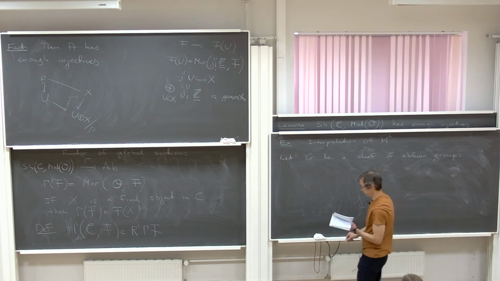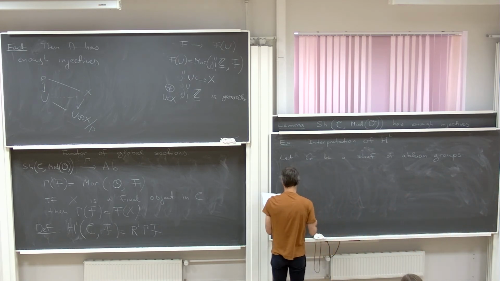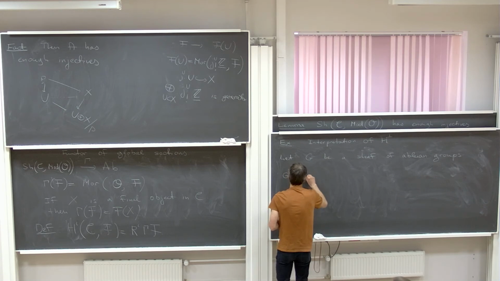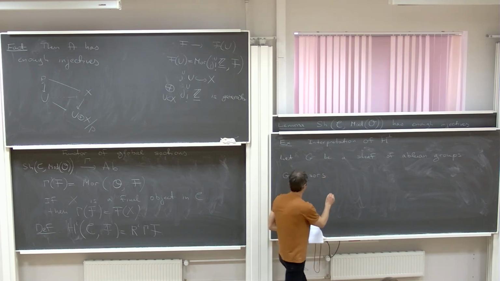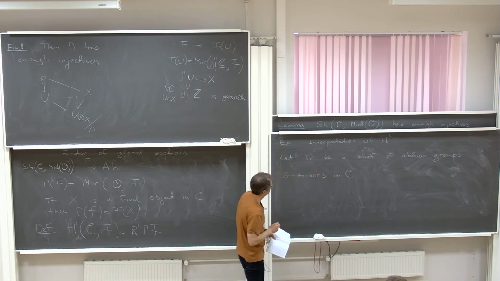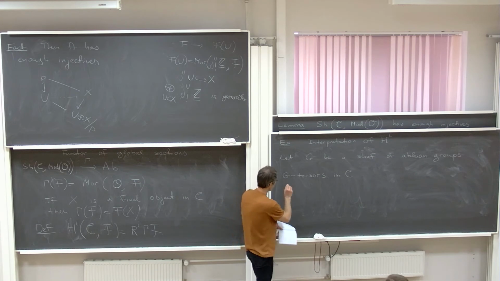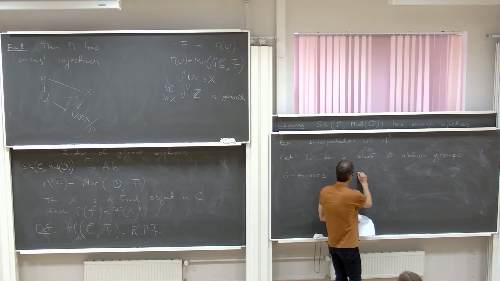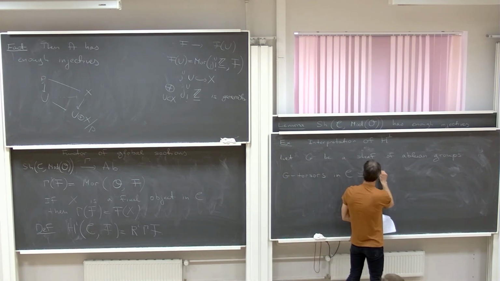Then we have a notion of a G-torsor. They form a category in C. And I claim that this category is equivalent to the category of extensions.